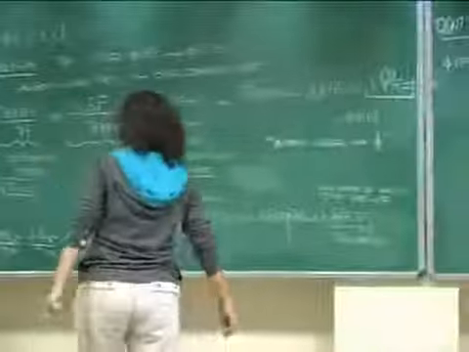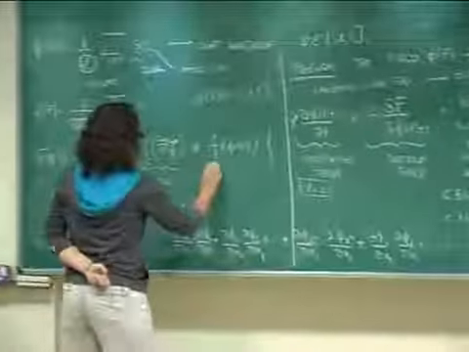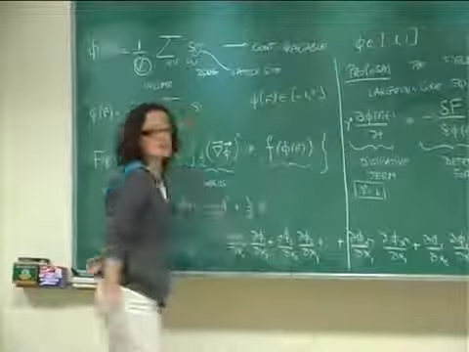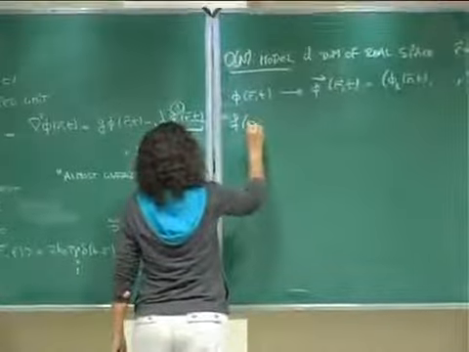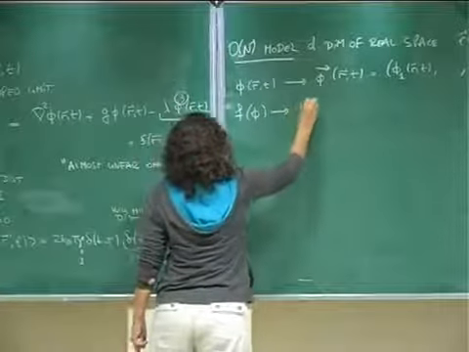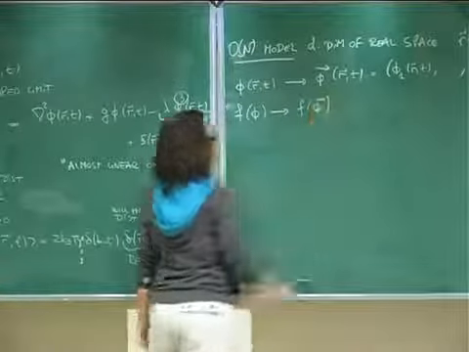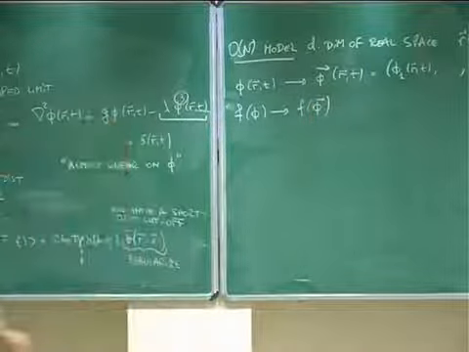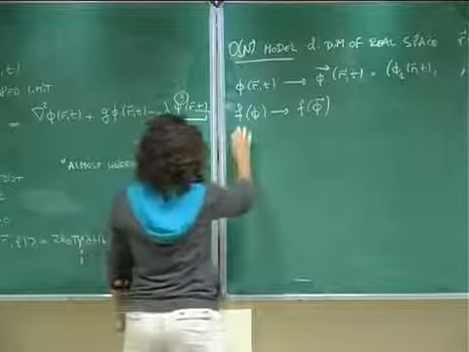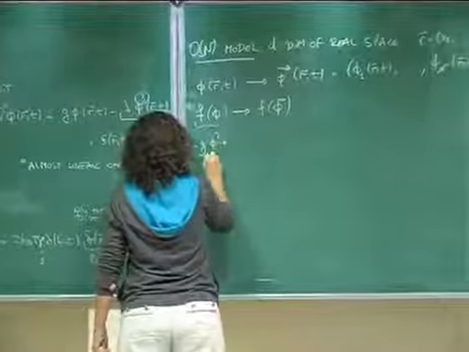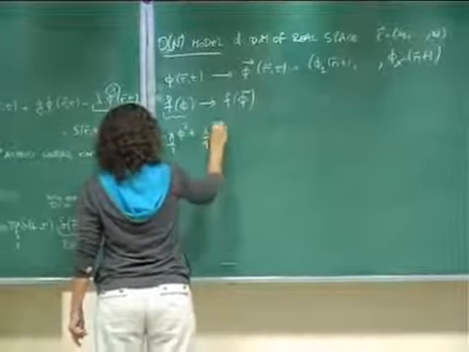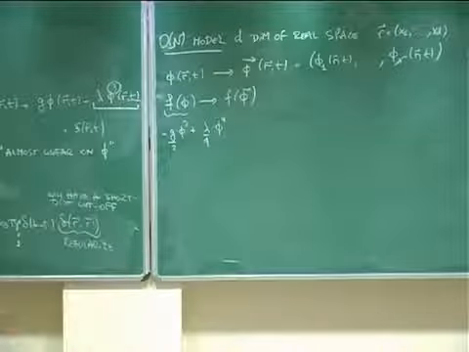Now what do I do with the local free energy contribution, this f of phi? Naturally, I will want to upgrade it to some f of vector phi. Now, the f of phi had a piece which was phi squared, and another one which was phi fourth.